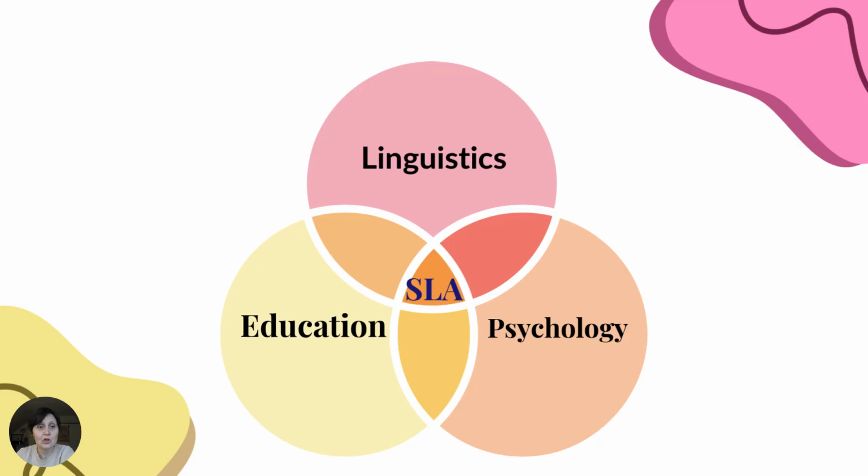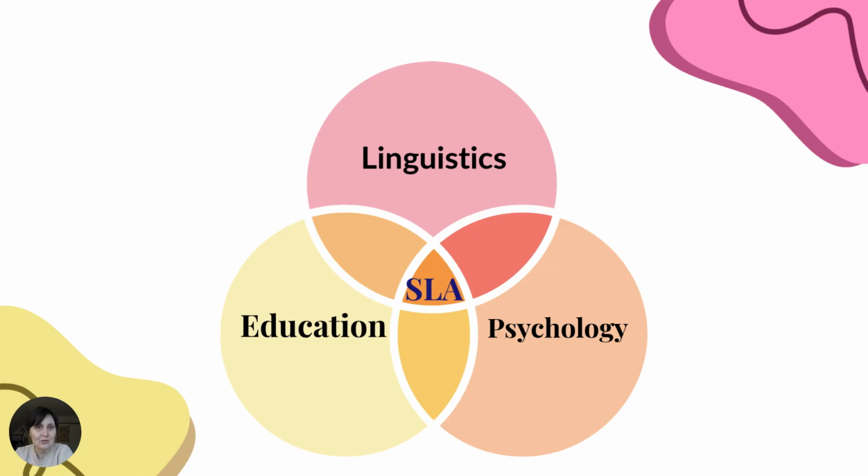So, this is why understanding second language acquisition involves knowledge of linguistics. What are the rules of the language that need to be acquired? What is the grammar? What is the phoneme? What are those fancy things you learned in prior courses?